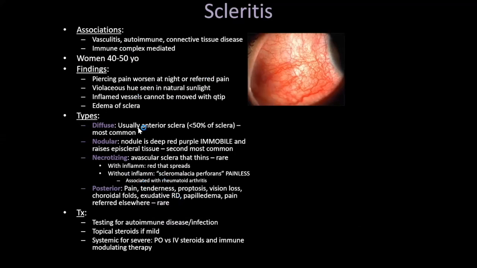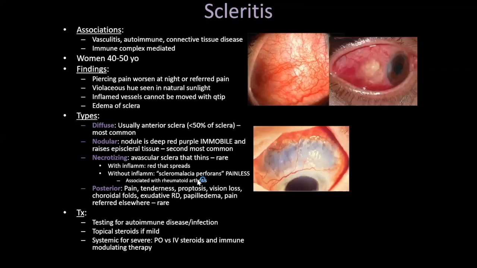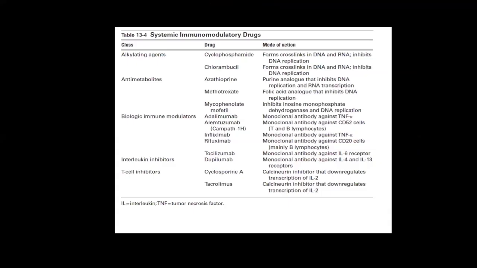These are the various clinical types, and then the treatment will involve an elaborate systemic workup to identify any autoimmune disease, and then you tailor your treatment as you find on investigation combined with the clinical presentation. Great. I want you to be familiar with these immunomodulatory drugs, the various classes and the various types.